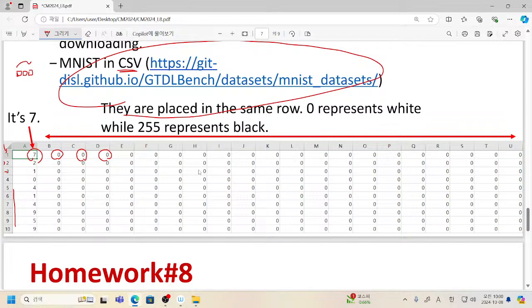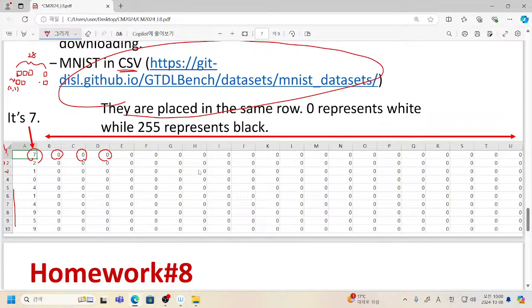Here you have 28 numbers, and after 28 numbers are done, your 29th number represents the pixel in the next line. So 2, 1, and now you have the next one, and here you have another 28.